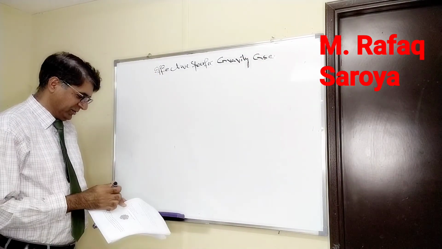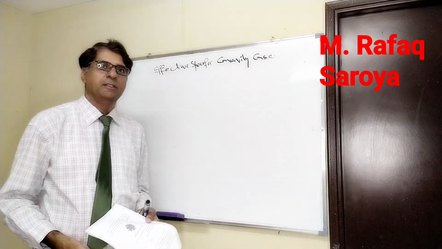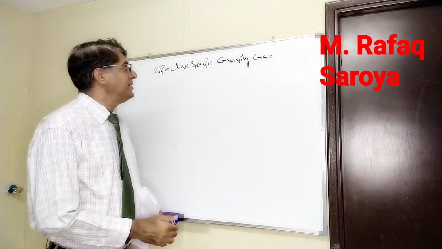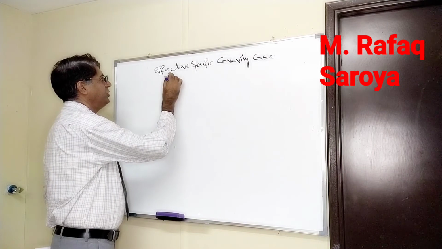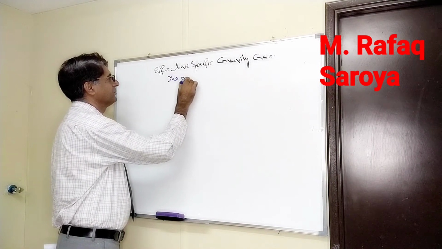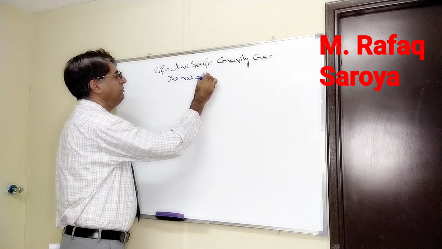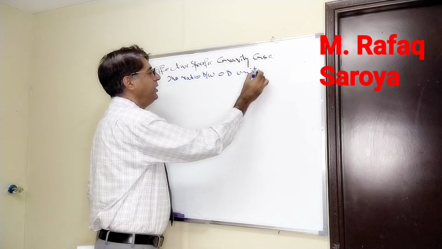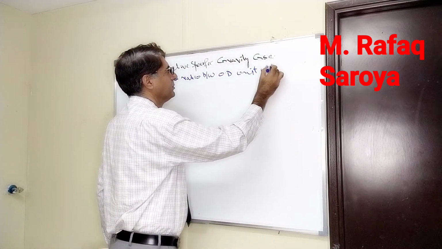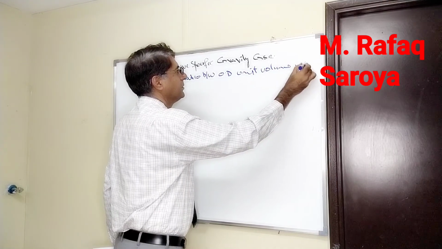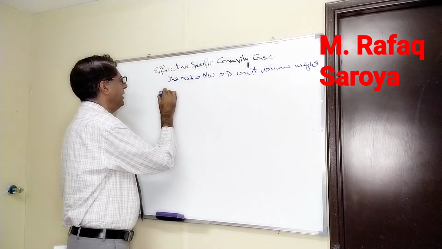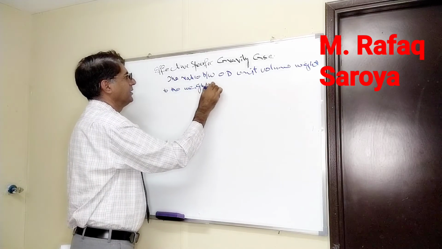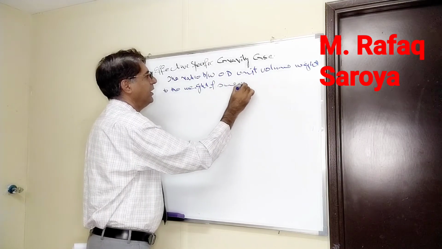Here the situation changes a little. Try to understand what I say. What change has occurred? Same definition we will write down. The ratio between oven dry unit volume weight to the weight of the same volume of water.